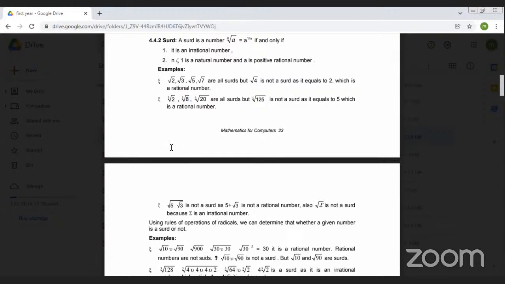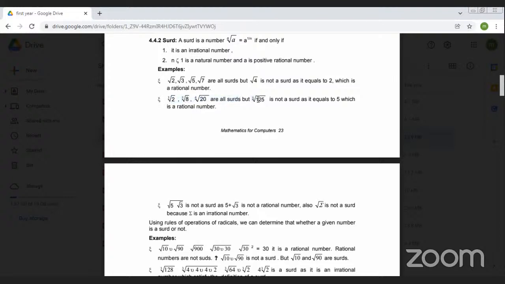Only 3 times you are going to get 2, that is 2 into 2 into 2. This is how you write 8. But you need to find the fifth root. Therefore, it becomes a surd because it will be an irrational number. Similarly, for the fourth root of 20. So all of these are surds.